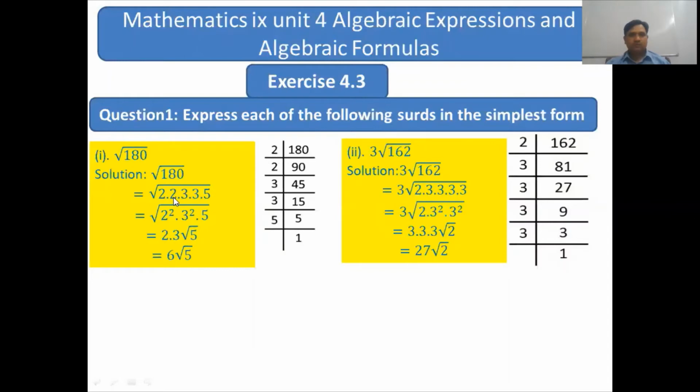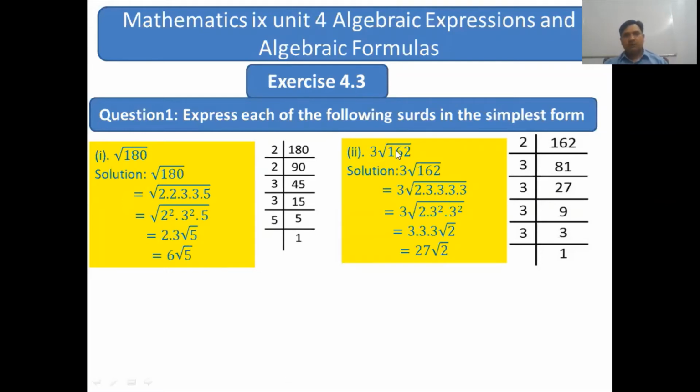So we can pair these. 2 square, 3 square and 5. So we can take outside these 2 and 3. So 2 multiplied by 3, 6. So this is 6 square root of 5. So this is the simplest form of the third square root of 180.